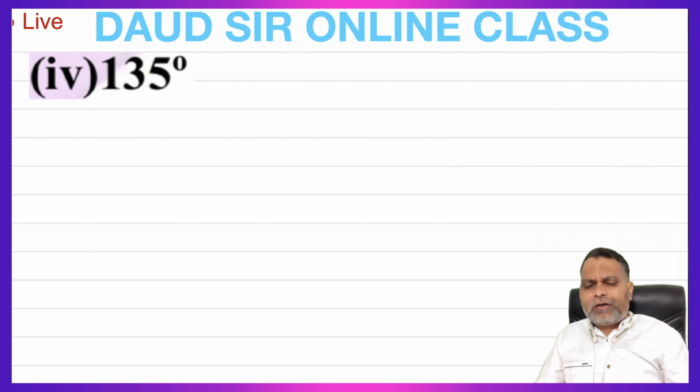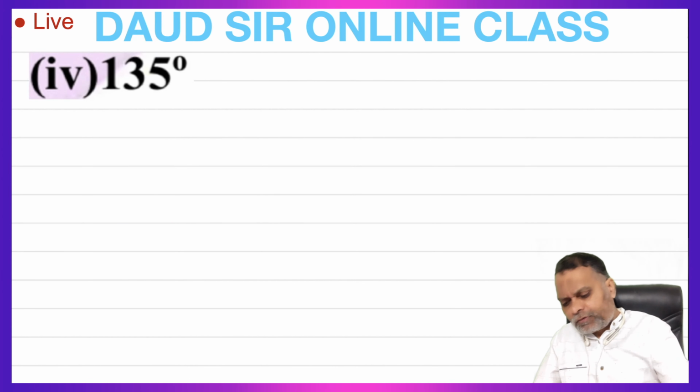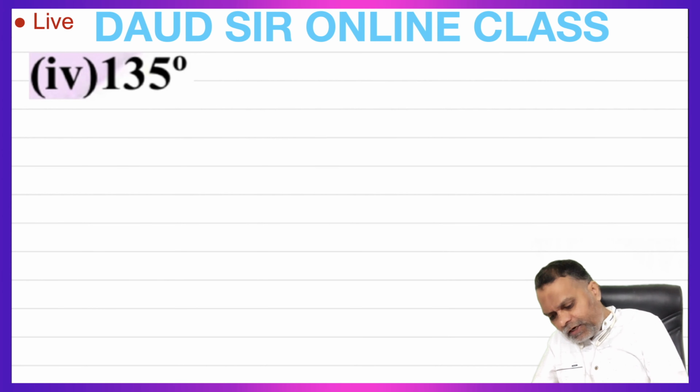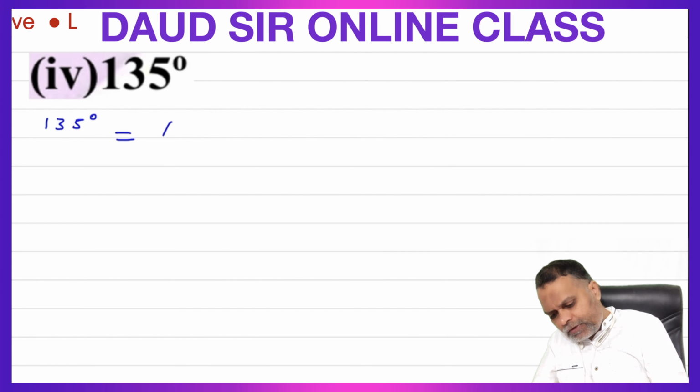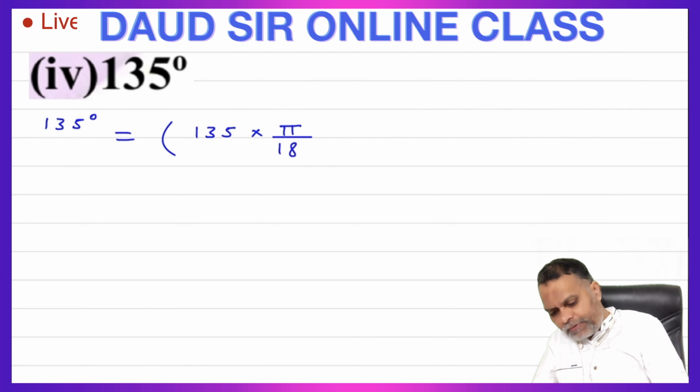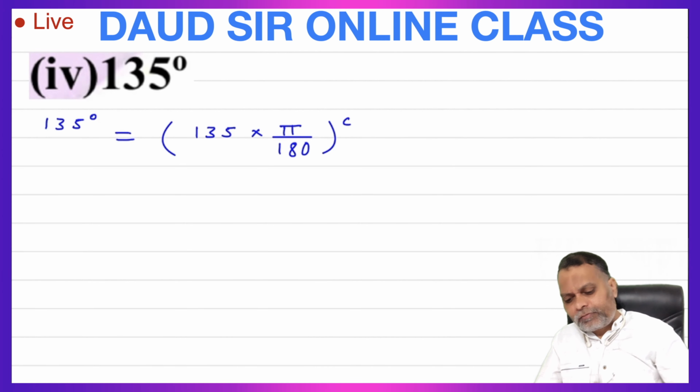Question number second, part 4. 135 degree. 135 degree is equal to 135 into pi by 180 radian, multiplying by pi by 180. This much radian.